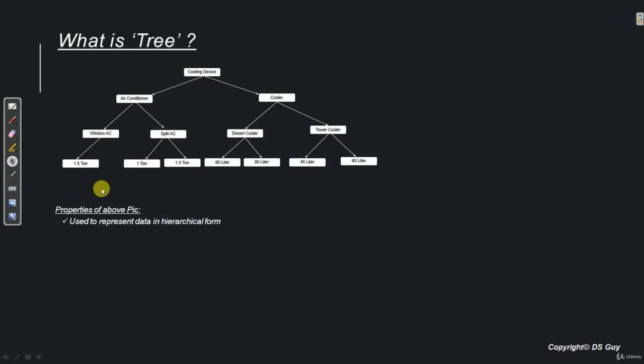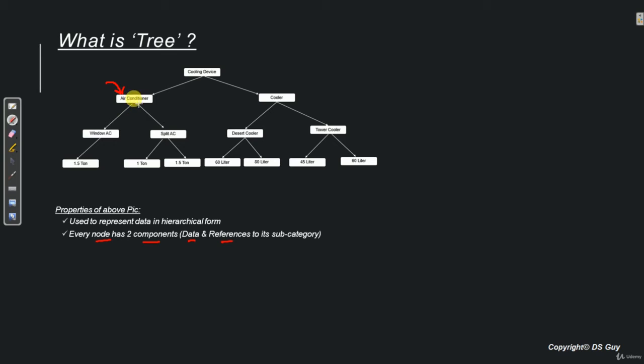Now let's see what is the second property. So the second property is that every node has two components, that is data and reference to its subcategory. So let's say if we consider this product as a node, then we see that it has data, in this case an air conditioner, and reference to its subcategory.